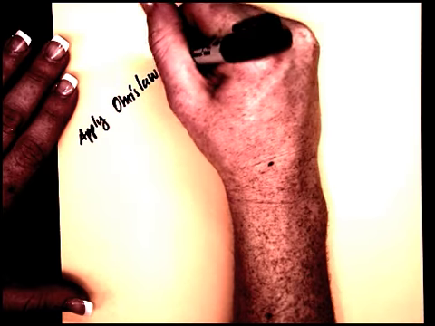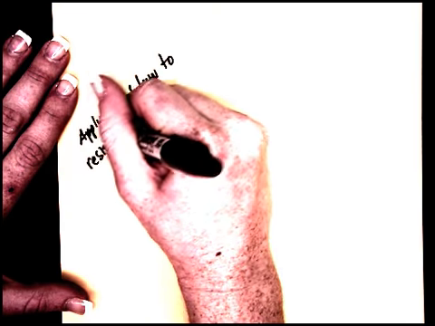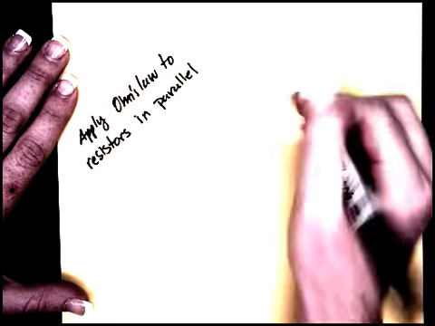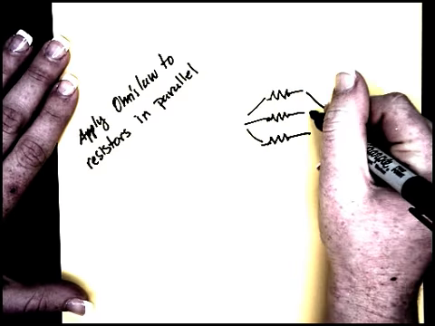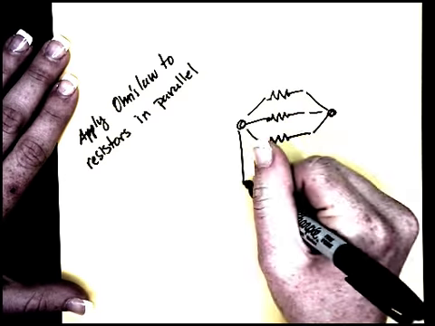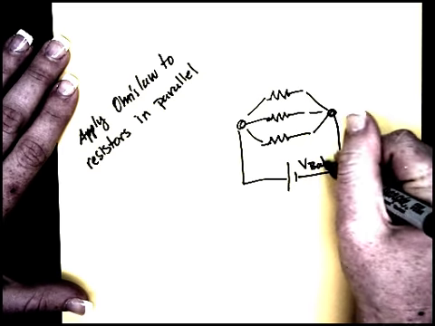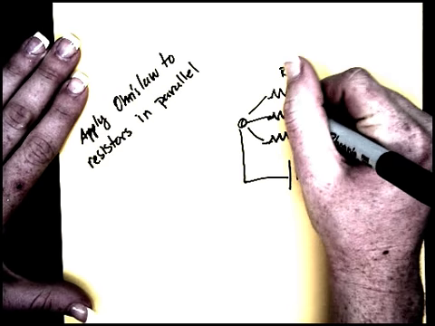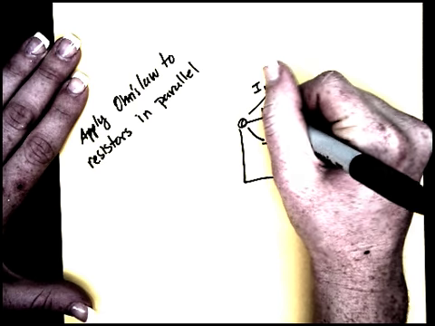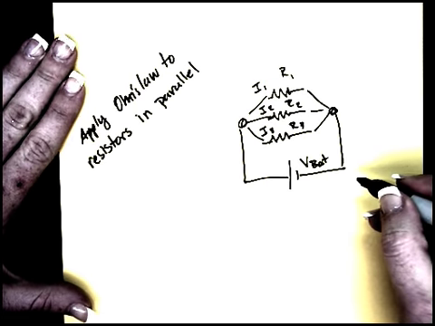Let's apply Ohm's law to resistors in parallel. This is a slightly different drawing, but it shows that the same voltage goes in, and once it hits that dot, it reaches all three resistors.